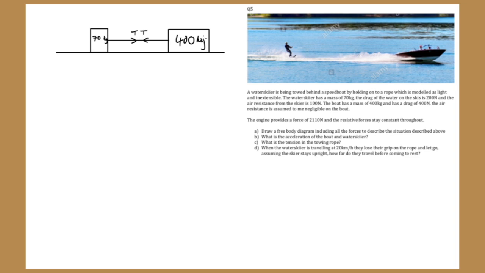The driving force of the boat is 2,110, so let's put that there. The resistive forces, so for the boat, we have a resistive force of 400 newtons, so a drag of 400 newtons. For the water skier, we have an air resistance of 100 newtons, and we have a drag from the skis of 200 newtons.